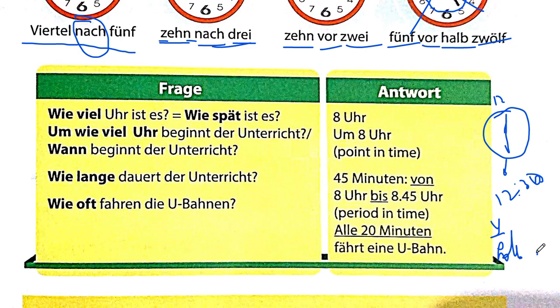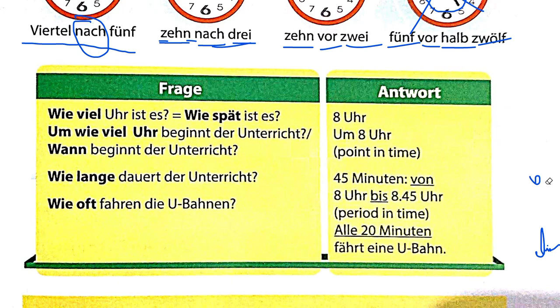Or no, you'll not say halb ein. You will say halb 13. Okay, halb 13. Let's come to questions and answers. I hope this is clear. If it is not clear, I will be explaining this again and again in the chapter because this might be a little confusing at first go.